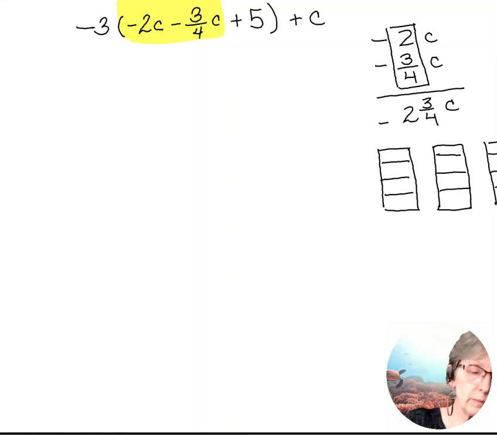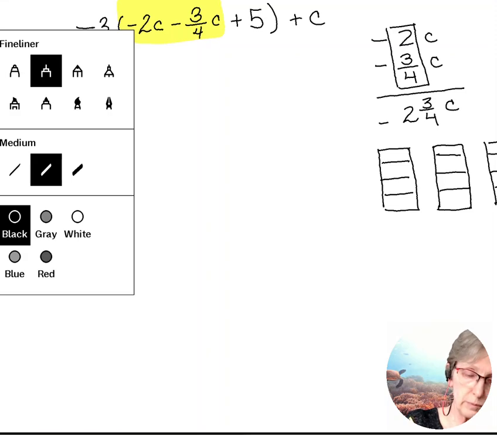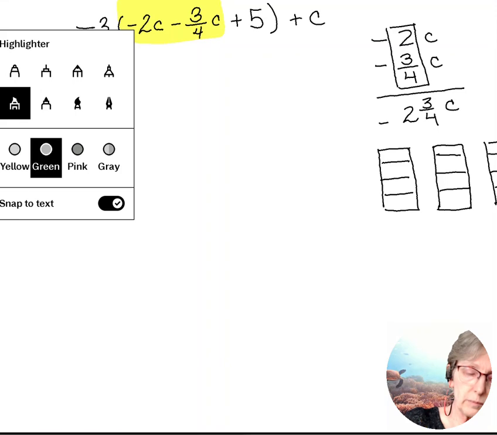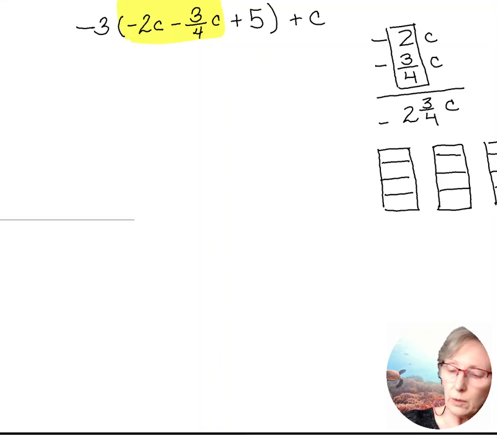Okay. So a whole, this one, is going to take up all 4/4. This one's going to take up all 4/4. And then we have 3/4 of the last one.